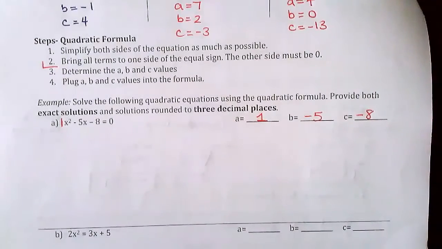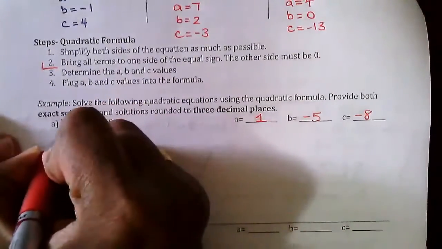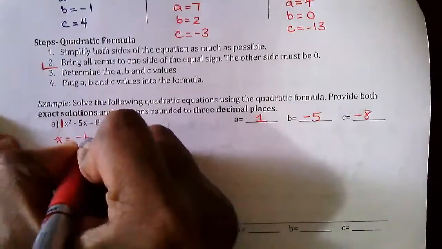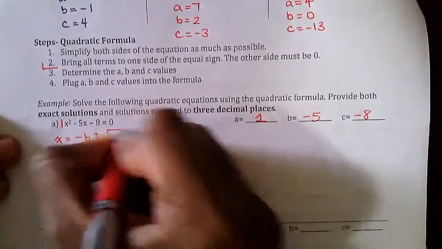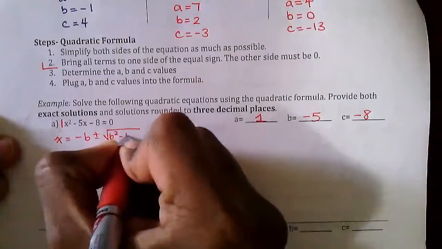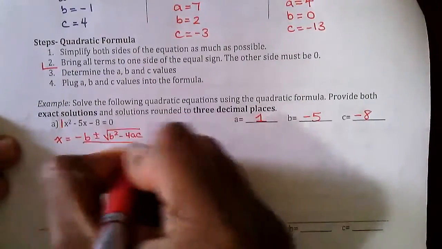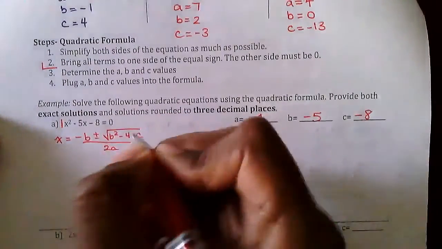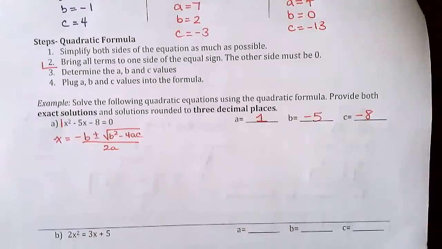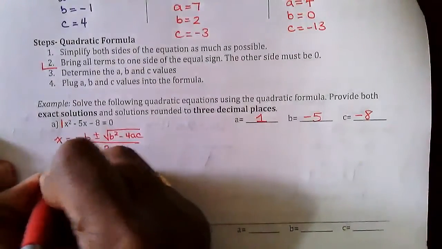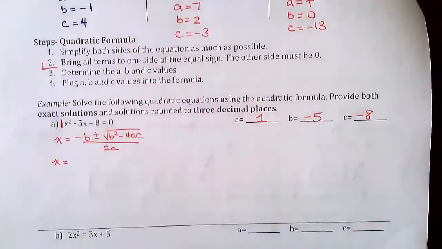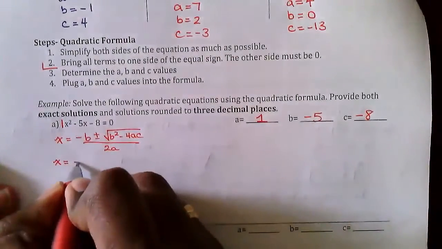Once I have these values, all I have to do is copy down my quadratic formula and plug these numbers in. So x is equal to minus b plus minus square root b squared minus 4ac over 2a. So we'll start by plugging in everything we know. We know we're trying to solve for the x, so keep that as is. There's a negative here, I'm going to copy it down.